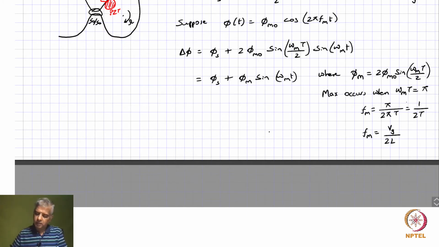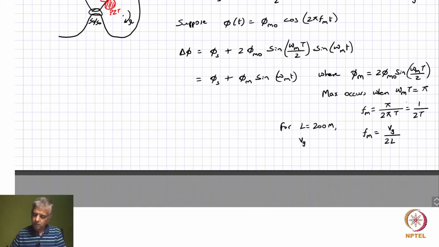So, let us actually just look at some example numbers for L equals 200 meters, Vg equals 2 into 10 power 8 meters per second, right. If you substitute that, this is 2 into 10 power 8 divided by 4 into 10 power 2.